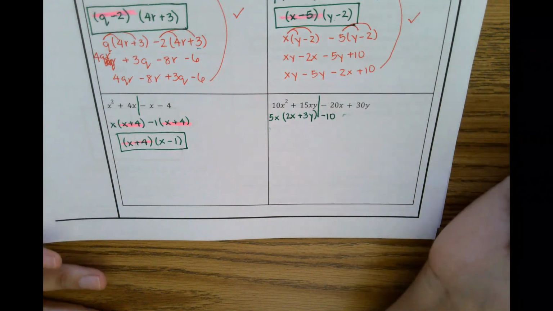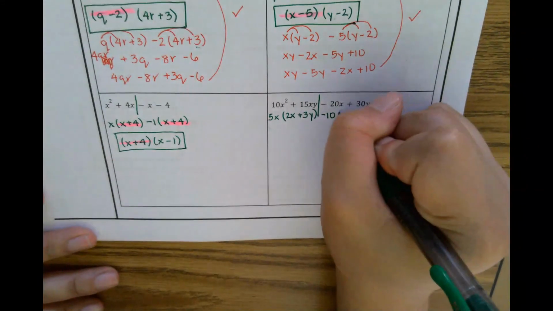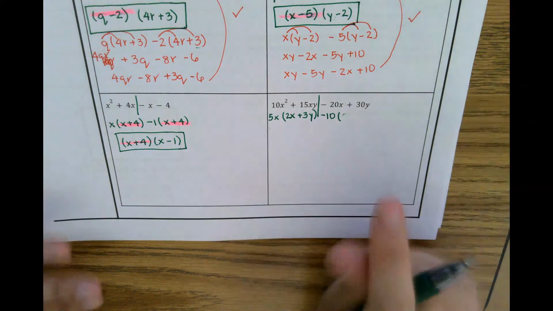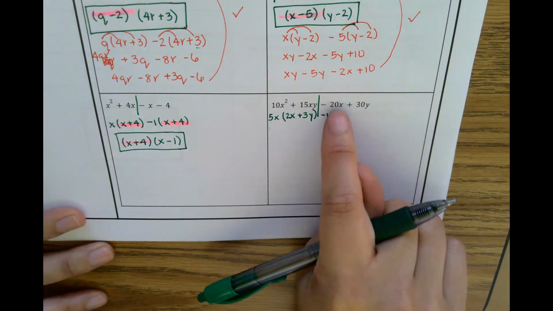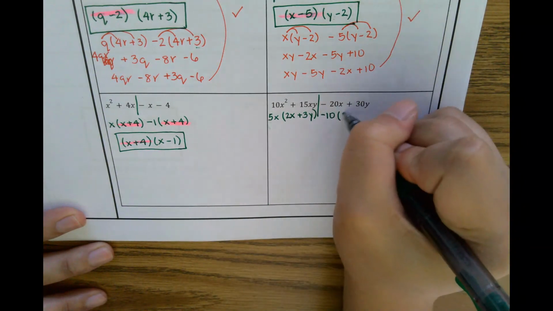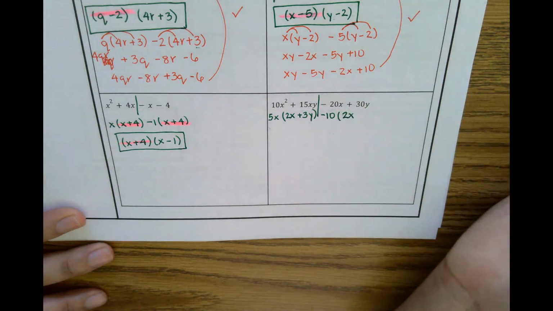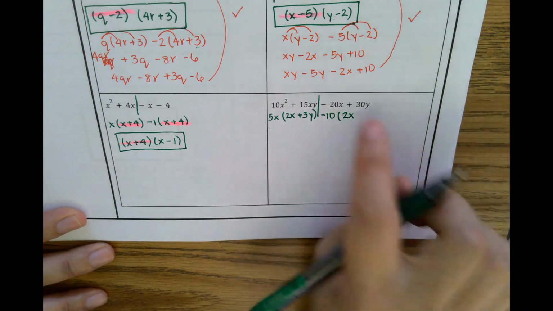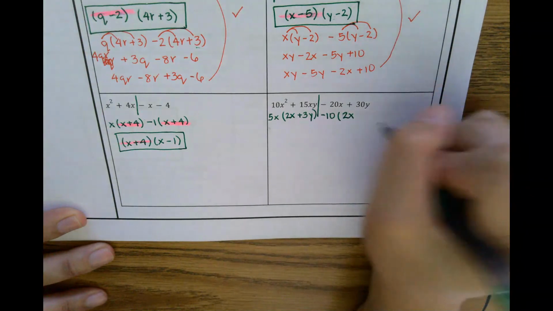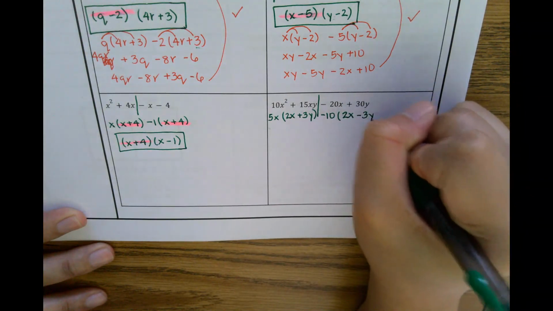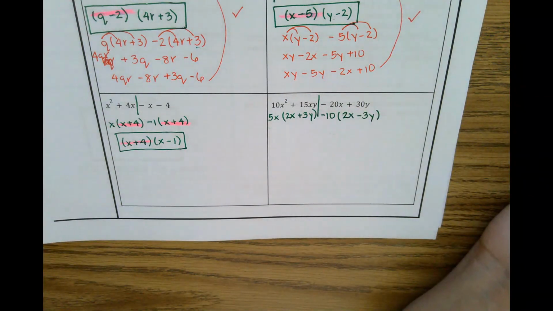They don't both have x's or y's, so I can't pull out either x or y. Negative 20 divided by negative 10 is positive 2. The x is left inside because we didn't pull it out. 30 divided by negative 10 is negative 3. We didn't pull out any y's in our second group, so it stays here.